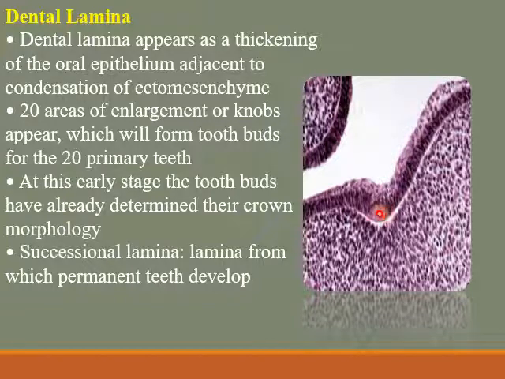So we have 20 areas of thickening with the formation of dental lamina, and from this we have the formation of 10 deciduous teeth in the upper and 10 in the lower jaw, and then a permanent successor. At this early stage, the tooth buds have already determined their crown morphology. The succession lamina, or dental lamina of the permanent successor, will form, from which the permanent teeth develop.